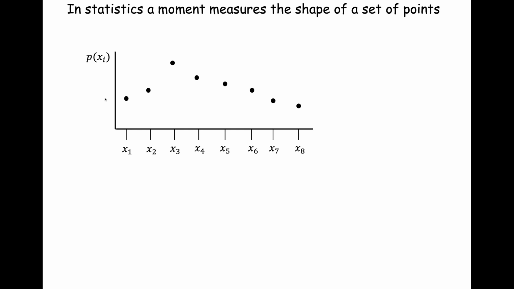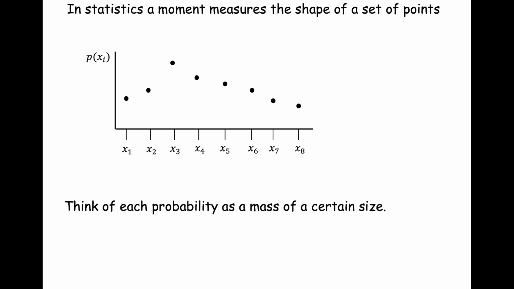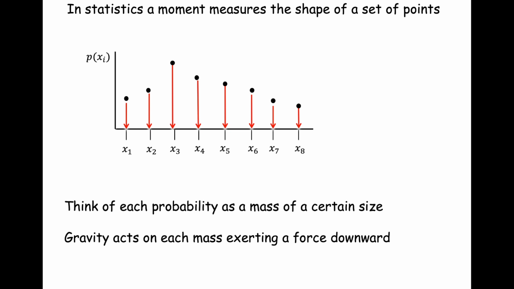Now, you can think of a probability as referring to a mass of a certain size. Now, as a mass, gravity acts on each mass, exerting a force in the downward direction. So if, for example, x3 has a larger mass, therefore the force is going to be larger, and we connote that here as just the magnitude of that arrow from point x3 because its probability mass is higher.